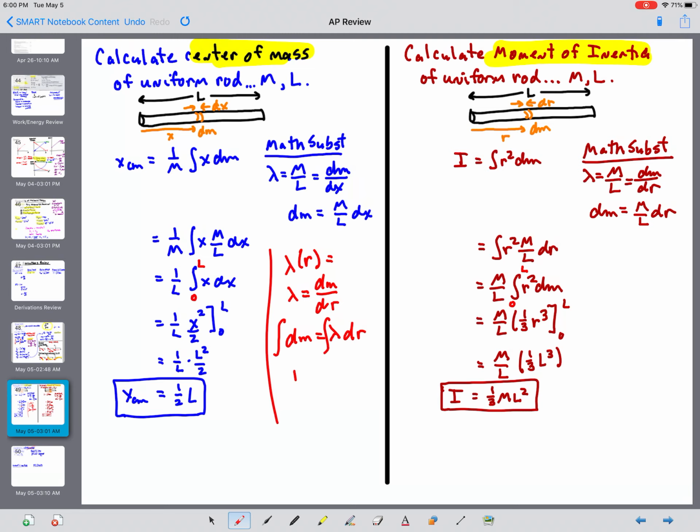You can integrate both sides to arrive at the total mass. From there, it really depends on what you have. But that lambda of r equation would go right in there if you are doing that integration. And then the logic on the other side on moment of inertia is exactly the same.